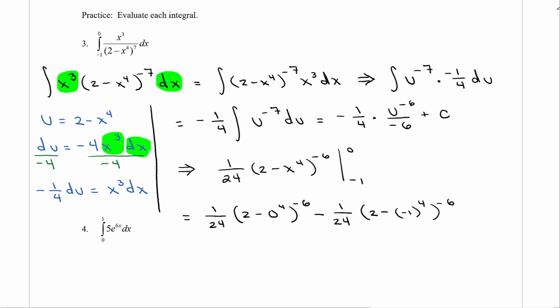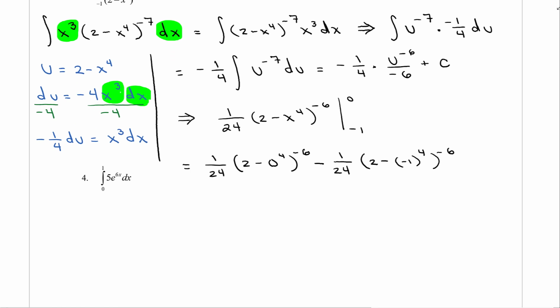Now let's try to simplify this as much as we possibly can. So we're going to have 1/24 times, open up a set of parentheses, 2, close the parentheses, raised to the negative 6th power, minus 1/24, open up a set of parentheses, 2 minus 1, close the parentheses, raised to the negative 6th power. So it looks like here we can simplify this some more.